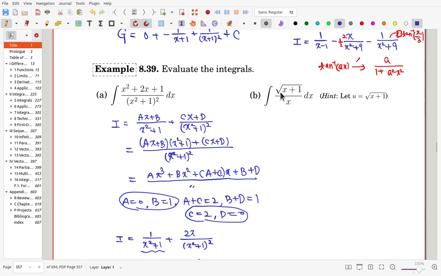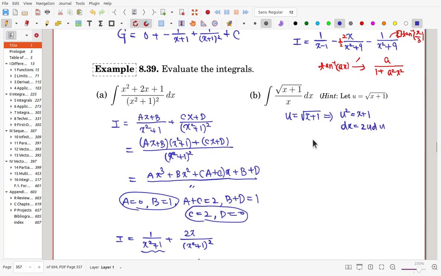Now we'll do it this way: u is the square root of x + 1, then u squared is x + 1, and dx is 2u du, right?